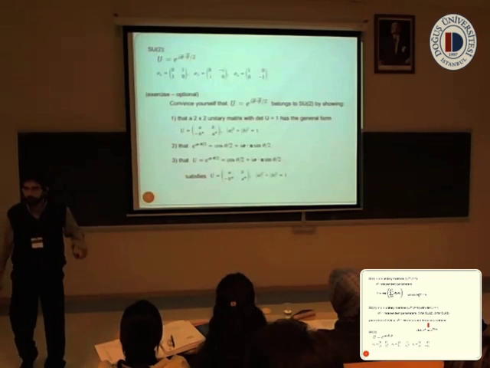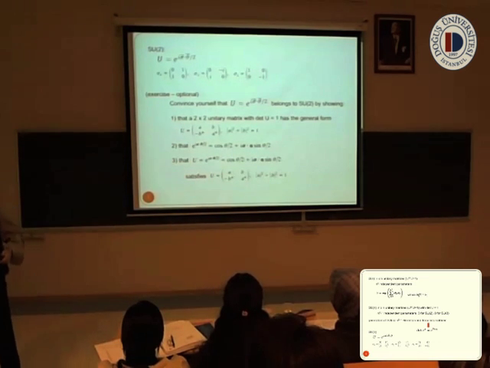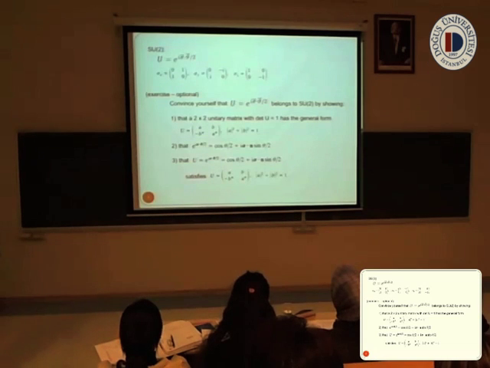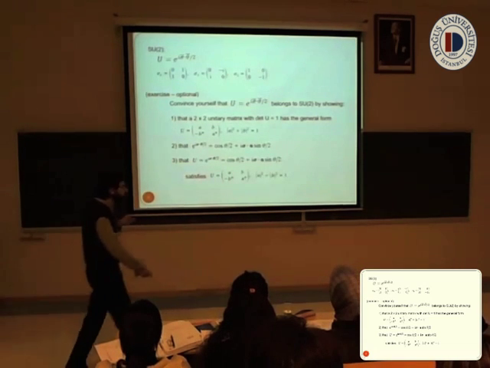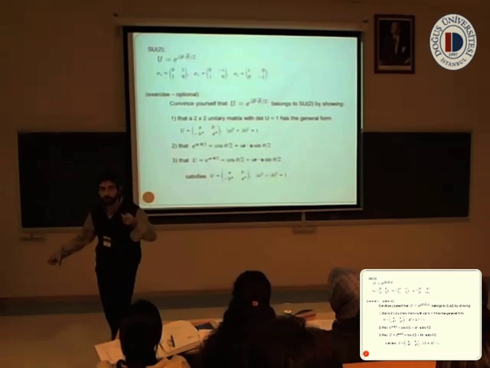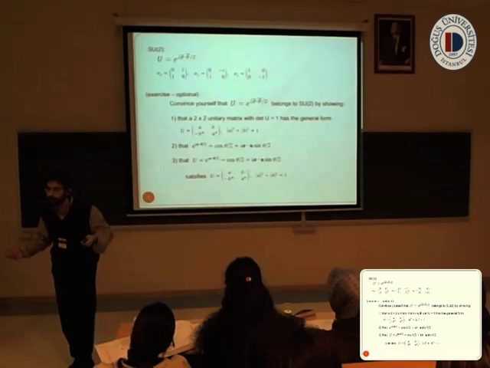This is completely optional. It's not homework. I will give a few homework problems, but this is not one of them. If you are not familiar with SU2 spin and Pauli matrices, you should convince yourself that taking the exponential of the Pauli matrix like this indeed gives you the most general unitary matrix. You can write a general unitary matrix in 2 by 2 complex space as A, B, C, D, where A, B, C, and D are complex numbers.